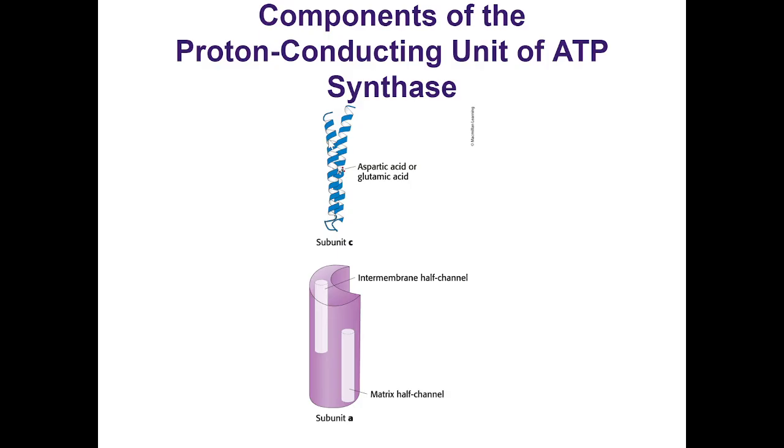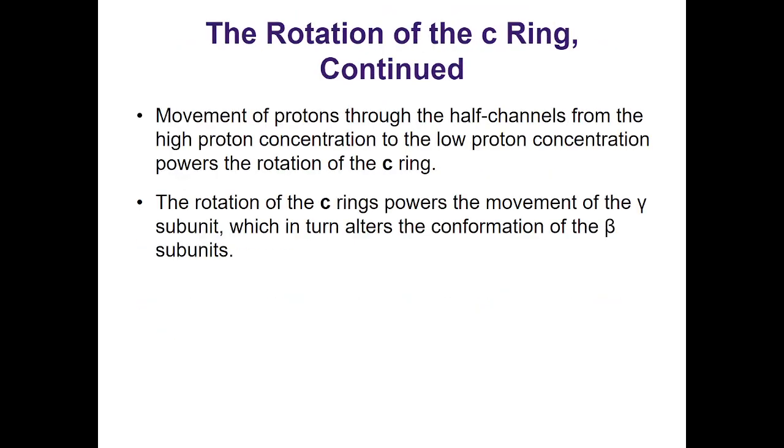Because it popping on rotates it so it matches up with the matrix half channel, in which case it's energetically favorable for it to pop off through the matrix half channel and come off over here. And then this switches back up to match the intermembrane half channel, in which case the protons are going to come back on. Everybody see that okay?